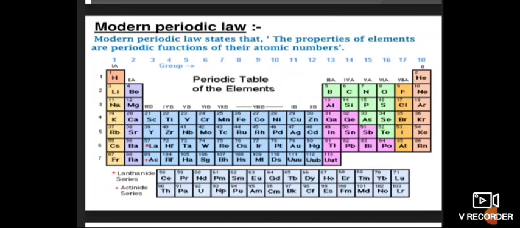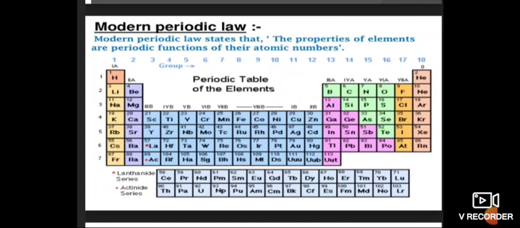For example, lithium, sodium, potassium were one of the Dobereiner triads. The same triad is present in the modern periodic table also, and they have similar chemical properties.